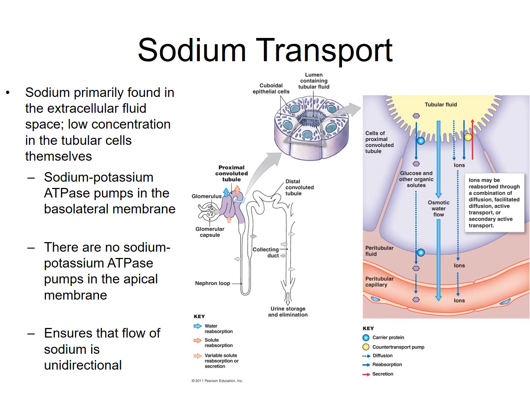There are other substances that use a similar mechanism, and basically glucose will pass through the membrane via carrier proteins. And sometimes when these sodium ions come through, other substances can use an antiport or countertransport pump to move substances into the tubular fluid, and that's how secretion can occur.